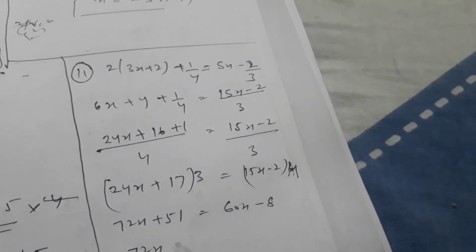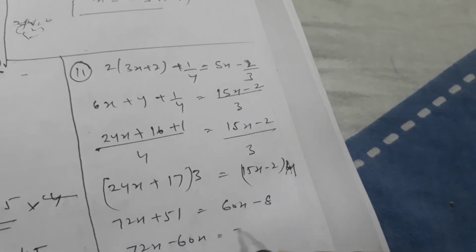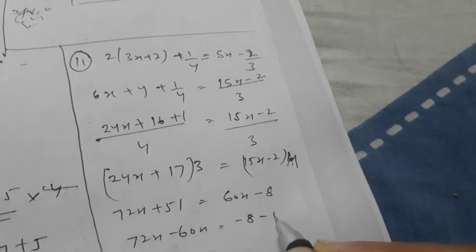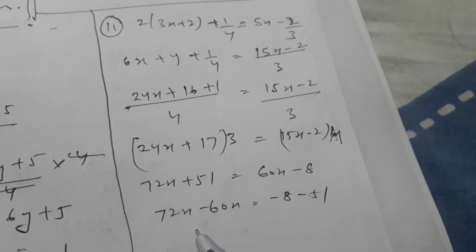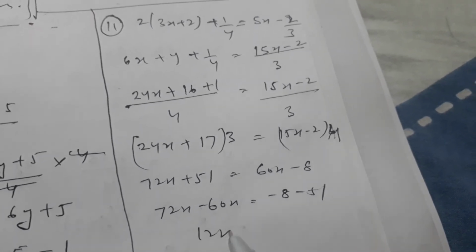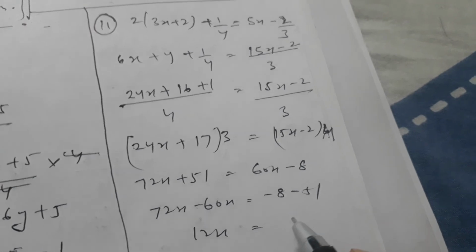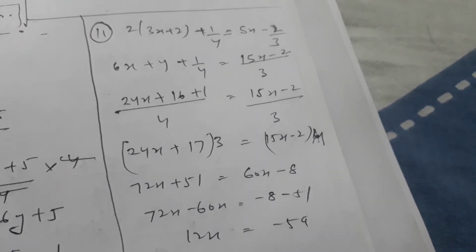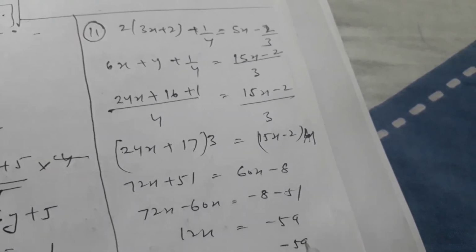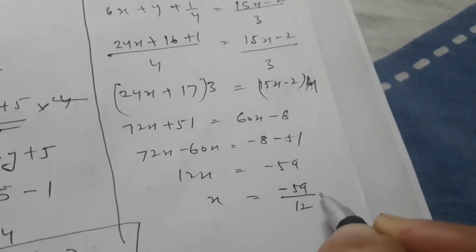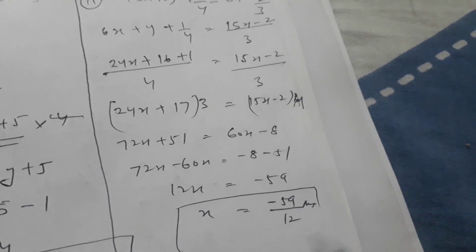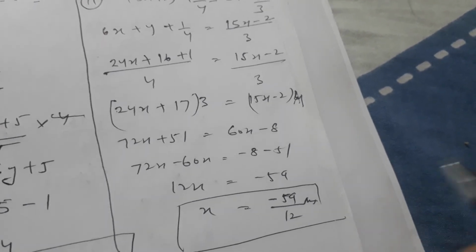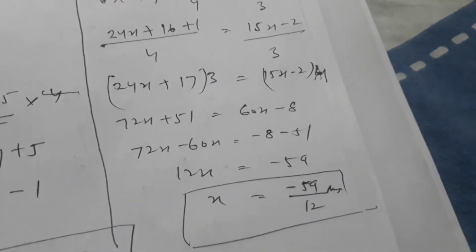So 72x minus 60x is equal to minus 8 minus 51. So here we will be left with 12x, and minus 8 and minus 51 will be coming out as minus 59. So x is equal to minus 59 by 12, which is our answer. So the answer of the 11th question of exercise 8.1 is x is equal to minus 59 by 12. Hope the question is clear.